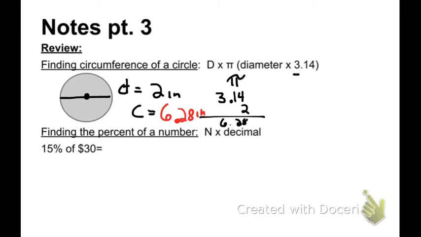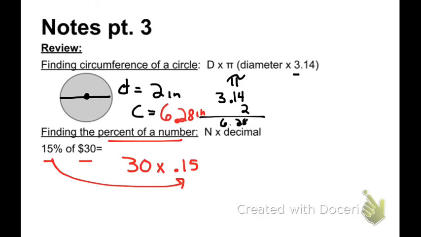Okay, then the next thing we're going to do is finding the percent of a number. What is 15% of $30? Well, there's a lot of mental math I can do, but a really quick way is to just take 30 times 0.15. And 0.15 is just the decimal form of 15%.